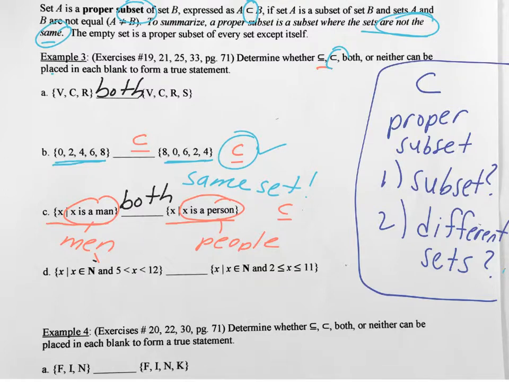So on the left, we have that capital N. Remember, that means natural numbers. Those are the positive whole numbers that are in between. It says 5 is less than X is less than 12. So they're in between 5 and 12. I do not see any equals bars, so I'm not going to include 5 or 12.